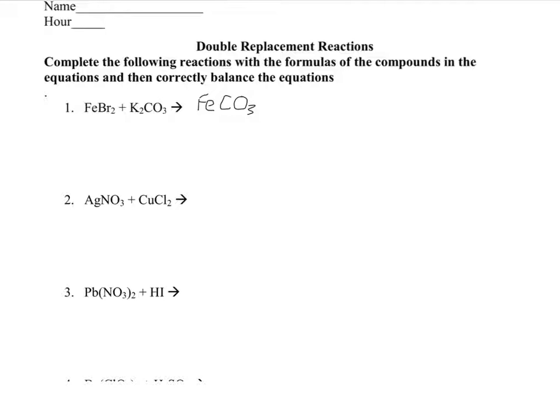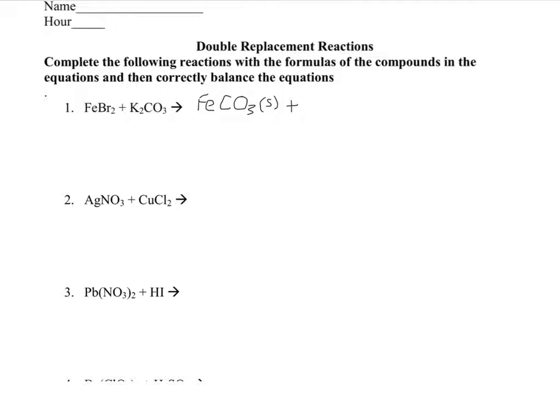Since carbonate has a negative 2 and iron has a positive 2, those charges cancel out. Based on our rules of solubility, this reaction does happen, because iron carbonate is insoluble, meaning it forms a solid or a precipitate.